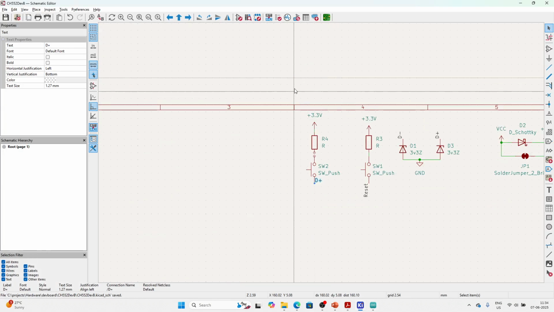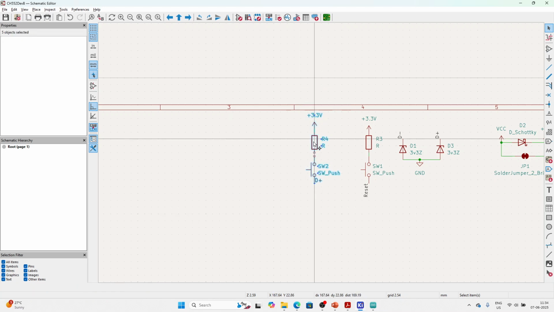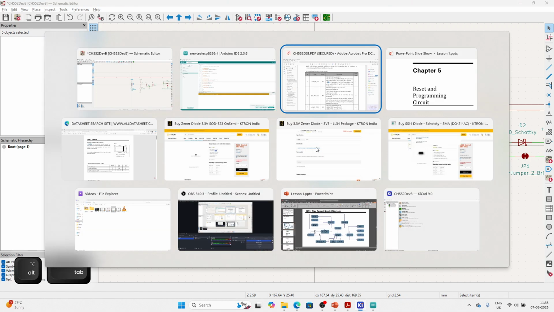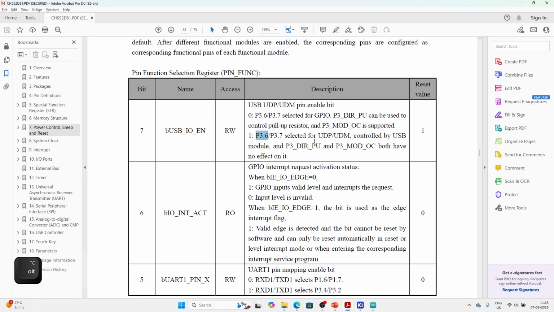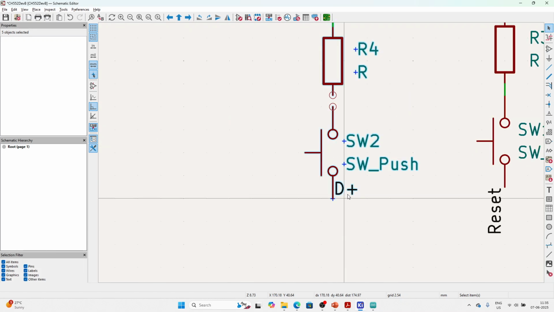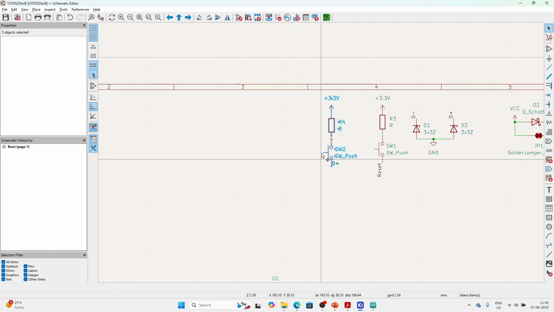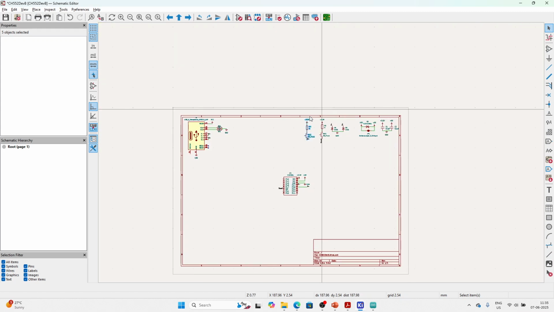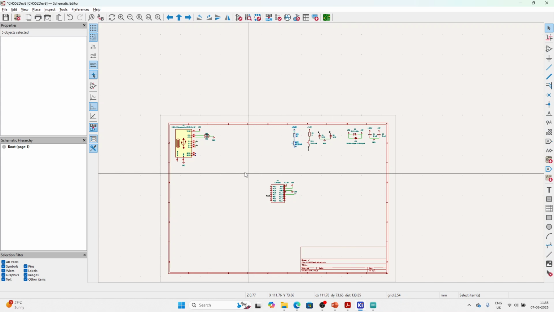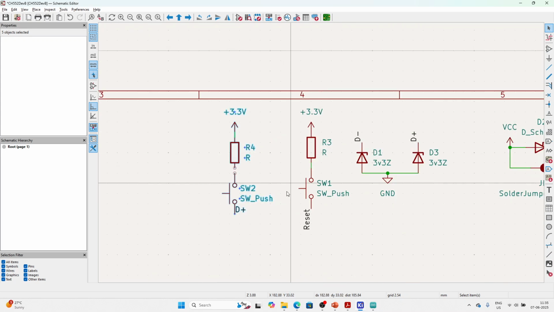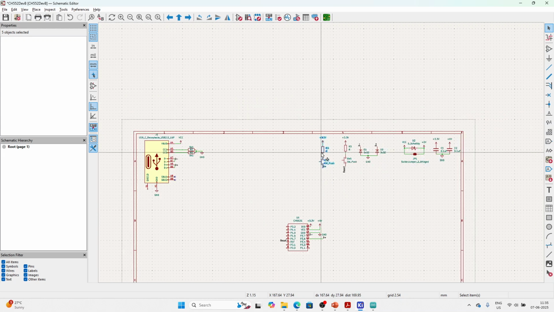But for all practical purposes, it might theoretically work on 3.7 as it is given in the datasheet. So we'll utilize this D plus connected to the 3.6 pin. This is what the programming interface and reset interface look like. This is for reset and this is for program. Okay, thank you.